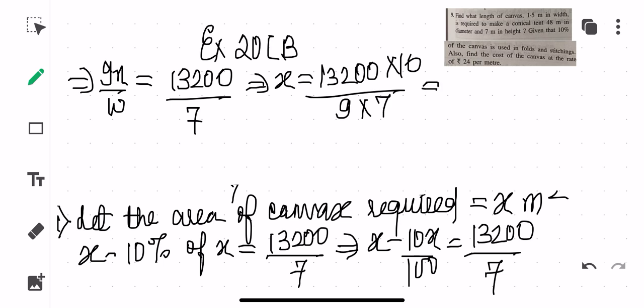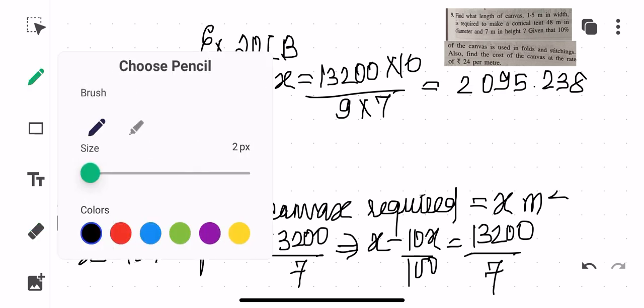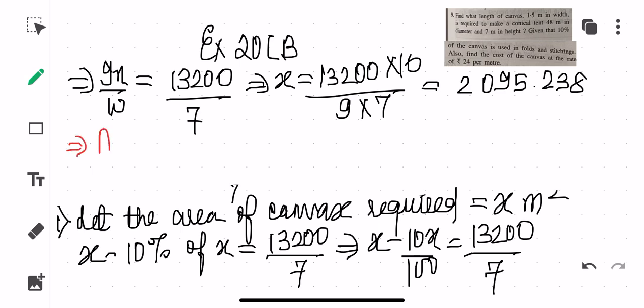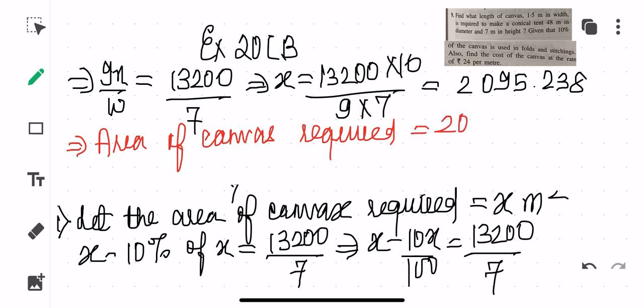So when we calculate, this is coming out to be equal to 2095.238. Therefore the area of canvas required, that you had taken as x, is equal to 2095.238. Now area in turn is equal to length into breadth.